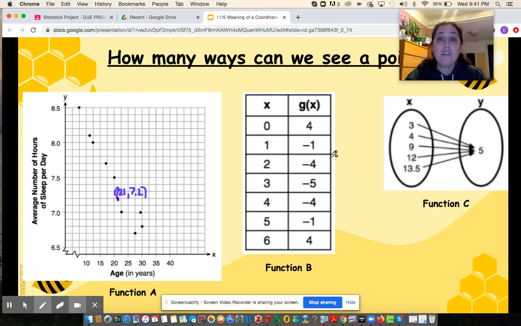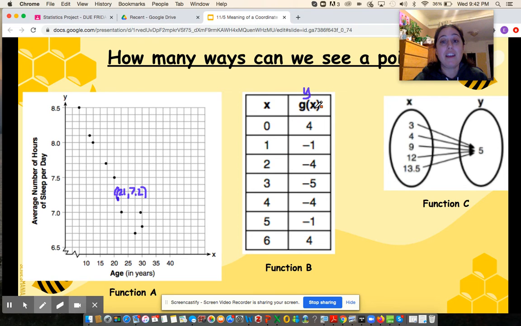Now there are other ways that we can get to that point. When I look at a table, when I look at this function B, I have X and then g of x. Just a reminder that anytime you see this function notation, with a variable and then parentheses and another variable inside, that is function notation, and it's really the same as the Y value.